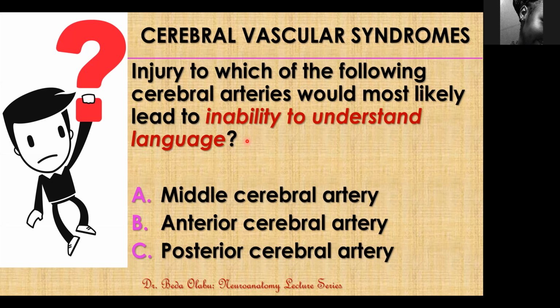Wernicke's. Yes, so we are affecting the Wernicke's cortex. If you're affecting Wernicke's cortex, then you ask yourself, is Wernicke on the lateral aspect? Is it on the medial aspect? Or is it on the inferior aspect and the occipital? So then you get your answer on which artery.